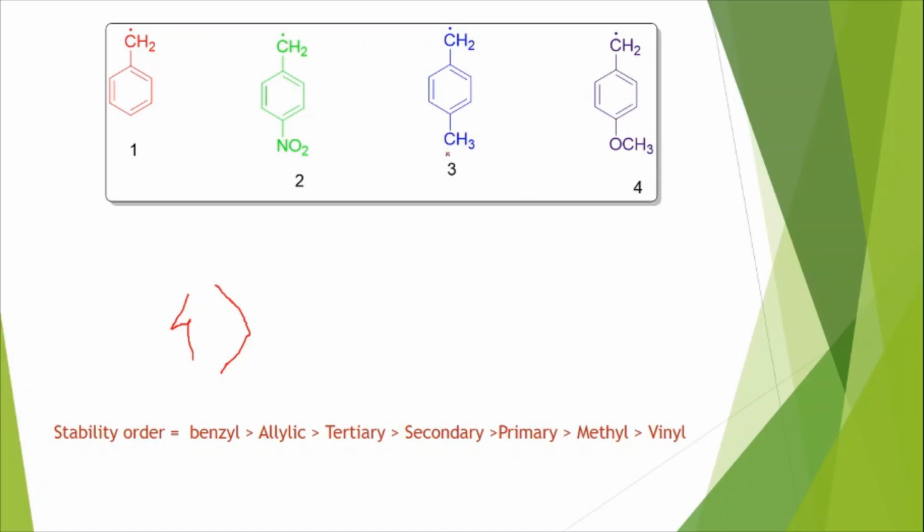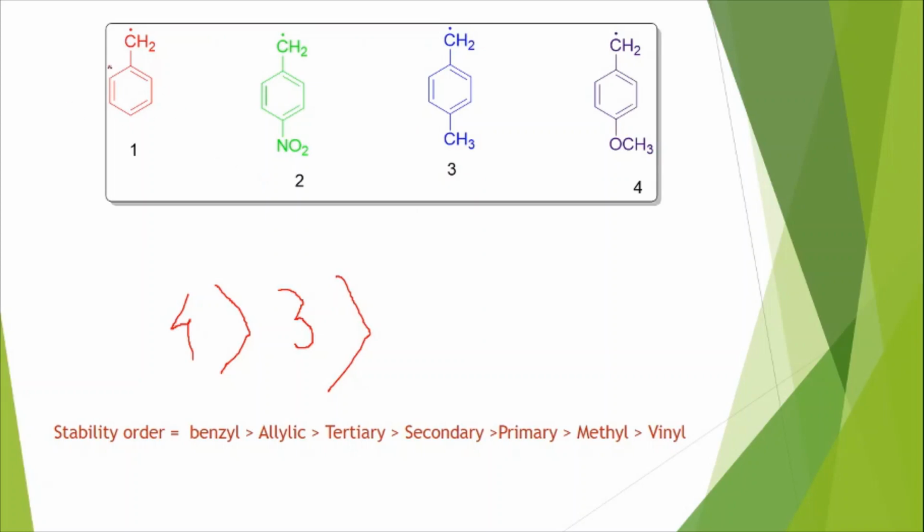Then the second most stable is this one, the para-methyl benzyl radical, because this CH3 is an electron donating group. It gives its electron by hyperconjugation as well as the plus R effect, so it stabilizes its CH2 radical.